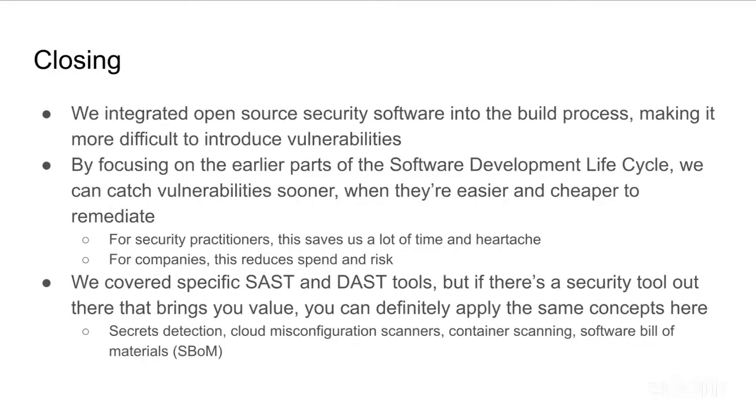The goal is that by automating these things, we can catch these vulnerabilities much earlier in the life cycle. When you do that, they become much cheaper to fix and remediate than if you found them later.